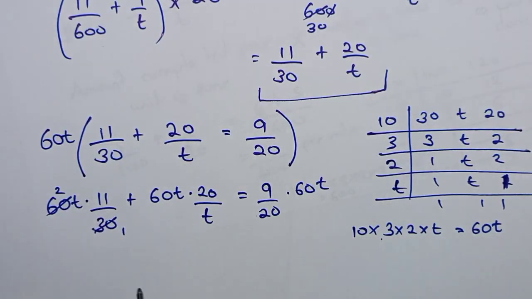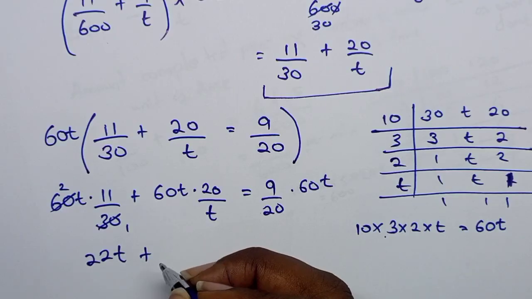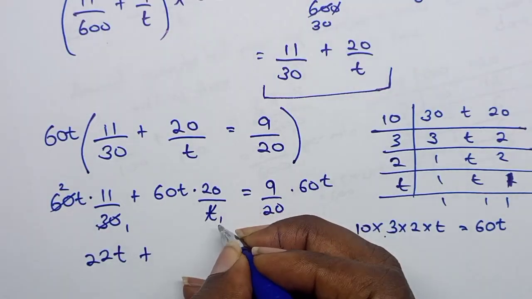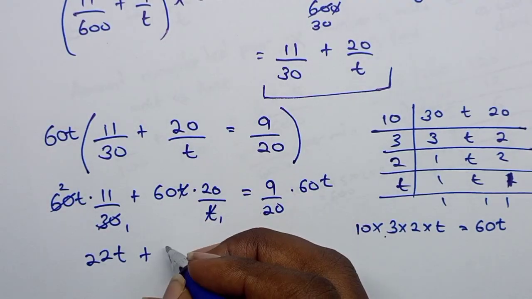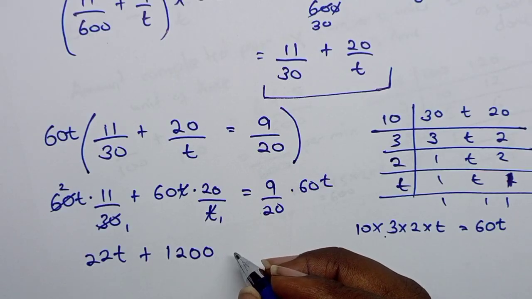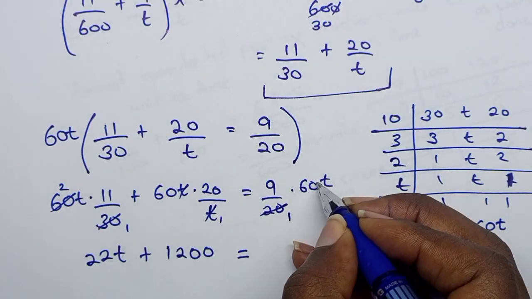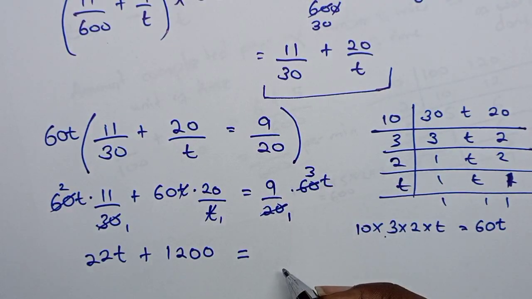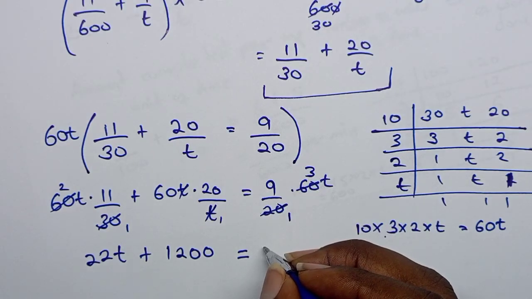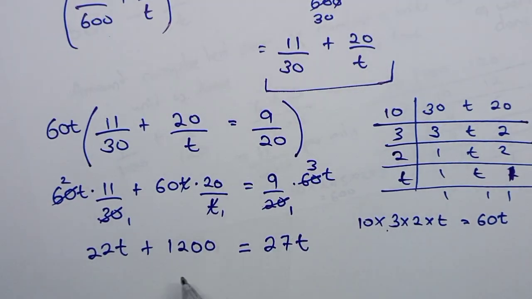So we are left with 2 times 11, which gives us 22t plus 60 times 20. This t cancels with this t. So 60 times 20 is 1200. So this is equal to, this cancels with this to give 3. Okay, so 9 times 3 is 27t.